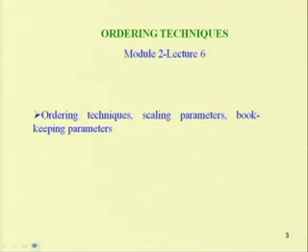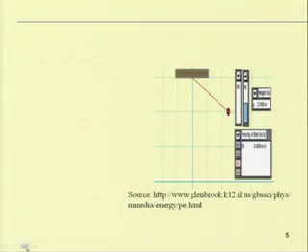Before going to the ordering technique, let us see what systems we have already discussed. For example, we have discussed the simple pendulum, where you have seen how we write the equation of motion in nonlinear form.